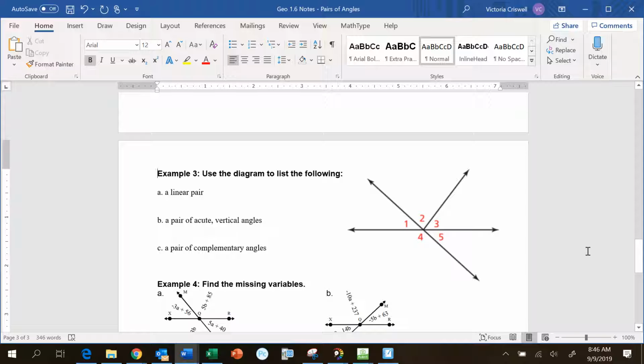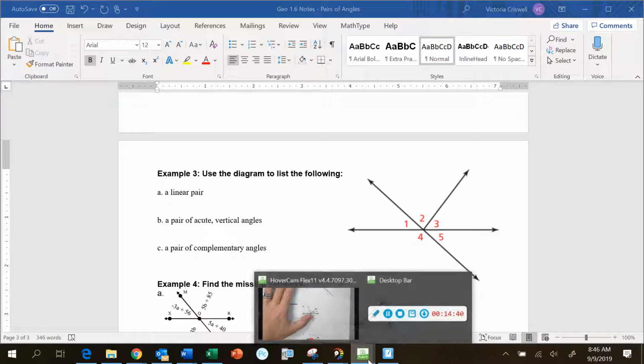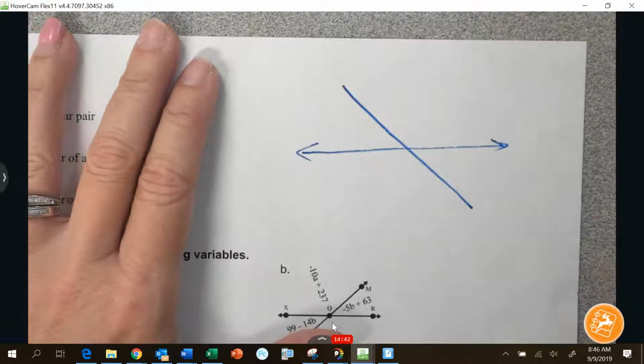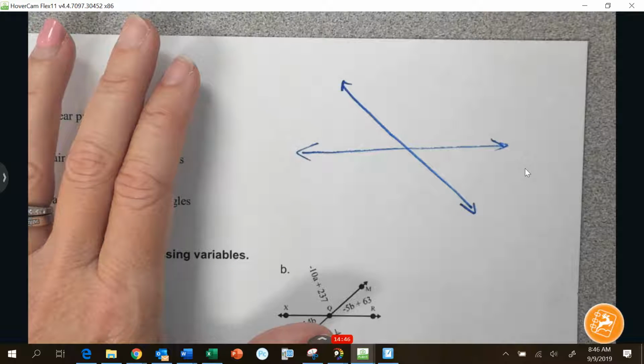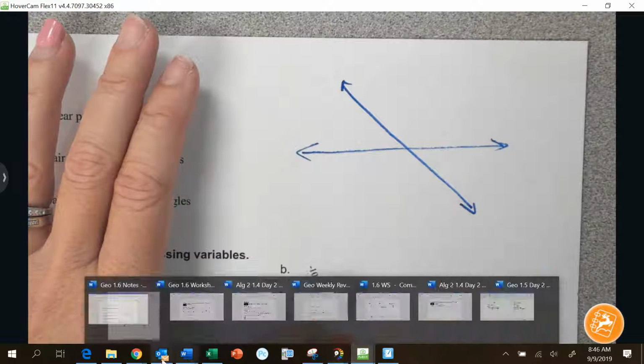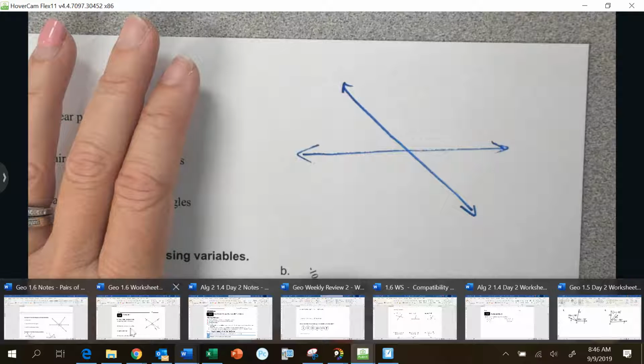So we're going to draw a horizontal line and then a diagonal line. Oh, you guys aren't seeing it. What can I do? Can I show part of this at one time?